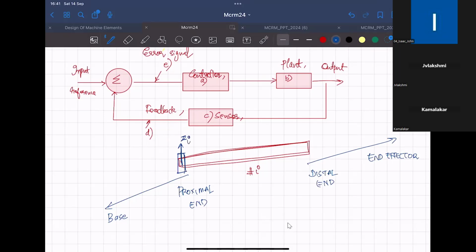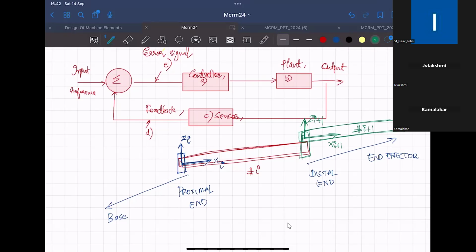So I'll label this as zi, and the x-axis will be along the link length. This will be xi. And the other frame for the other link, if this is connected by a revolute joint, will have its own frame, zi plus 1, and another link, xi plus 1, and this is link I plus 1.